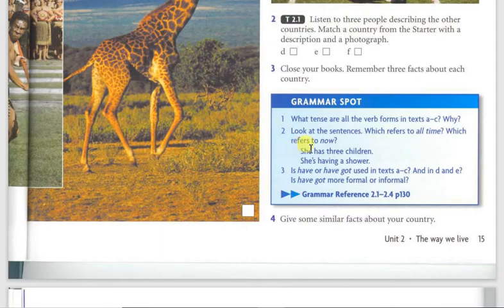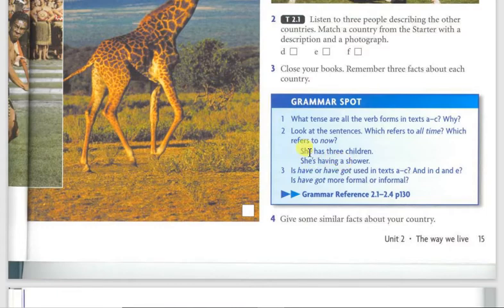She has 3 children. This refers to all time. She always has 3 children. Okay? While when we say she's having a shower, it means that we're talking about now. We're talking about a specific time, which is now. That's why for the first sentence we use present simple, and for the second sentence we use present continuous.